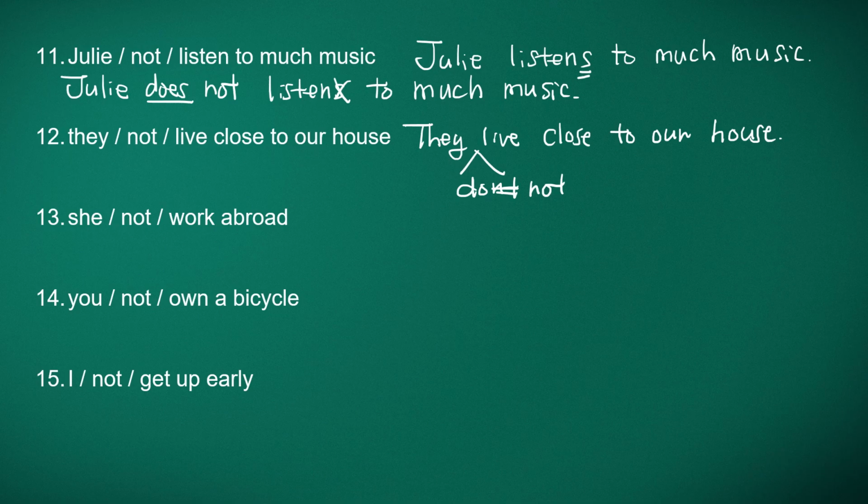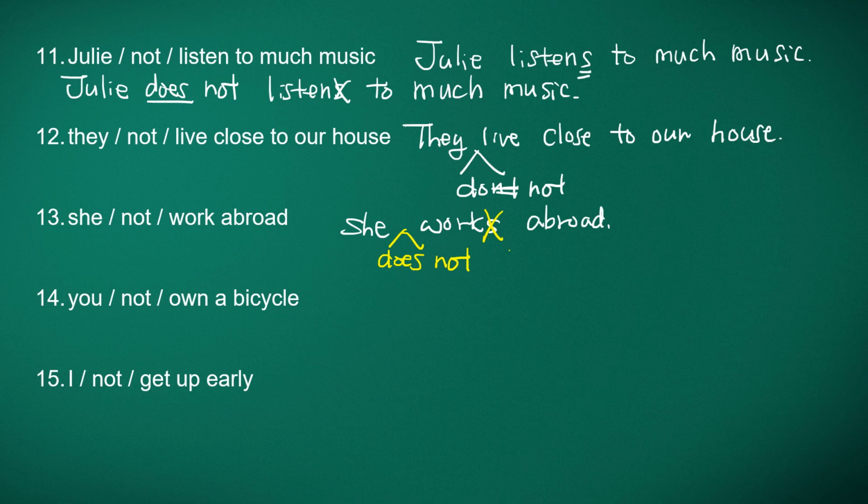Number 13, she works abroad. She work, and third person singular S. She works abroad, A-B-R-O-A-D. And then negative will be she does not. And then we drop S. She does not work abroad.